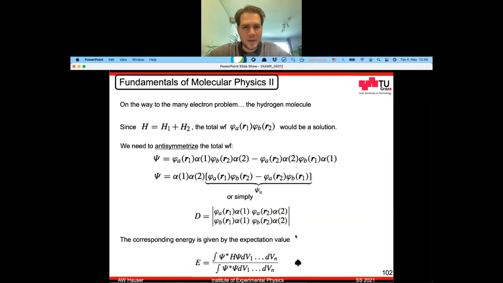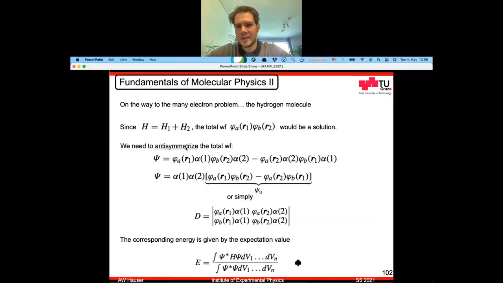In order to generate this, I can proceed as follows. And here you can see we have also done something else, because up to now I was just referring to the electronic wave function of a single electron as phi a of R1, for example, meaning electron number 1 sitting in atomic orbital A, phi a.